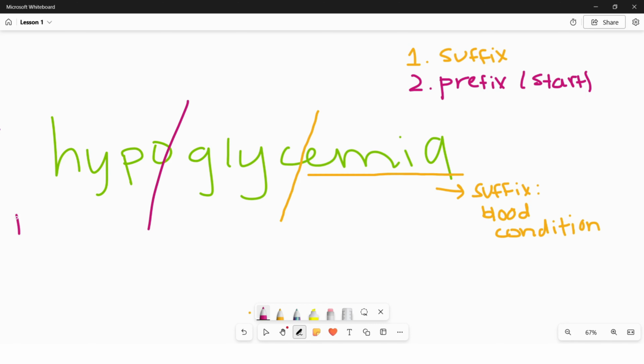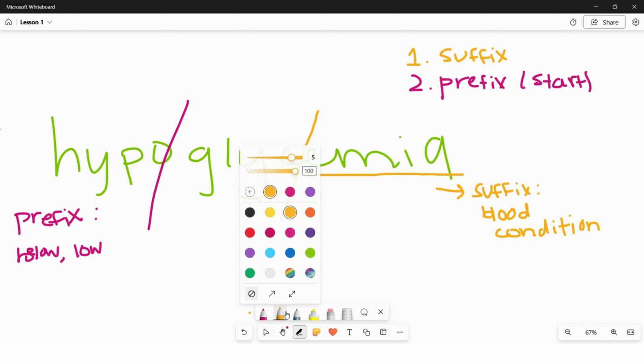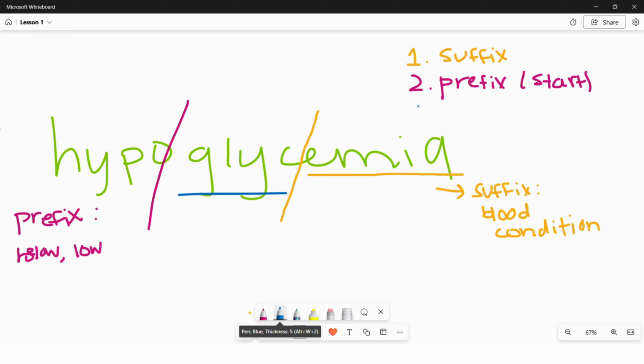So you're going to write prefix and write below or low. Okay? And then there's glyce. And glyce means sugar. Okay, it means glucose. So the third thing is to look at the middle or what's left. And this means it's a root, meaning sugar or glucose, right?